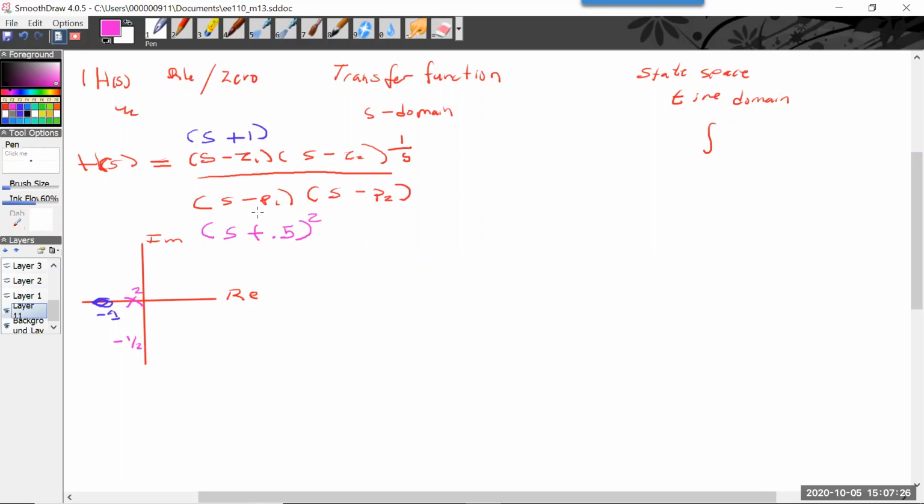Poles and zeros. Times the zeros we had were actually at 0. Now, they can be complex, right?